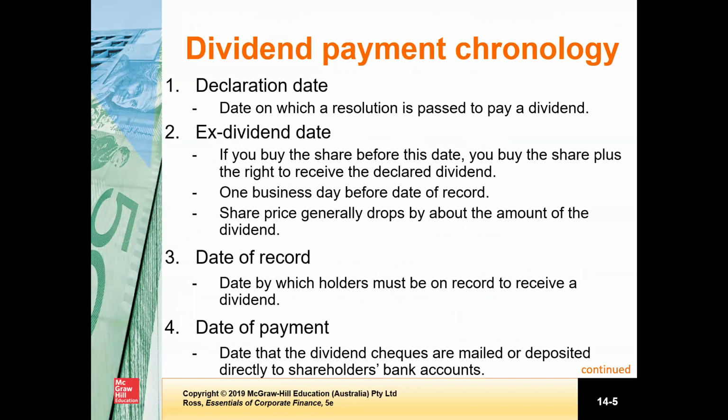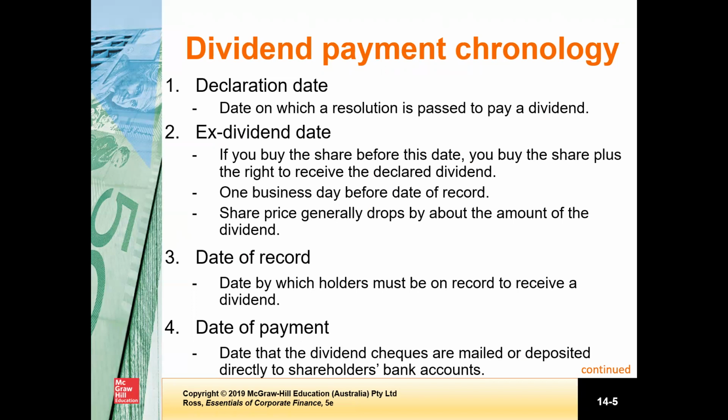Now, ex-dividend date. To make sure that dividend payments go to the right people, brokerage firms and stock exchanges establish an ex-dividend date. This date is one business day before the date of record.